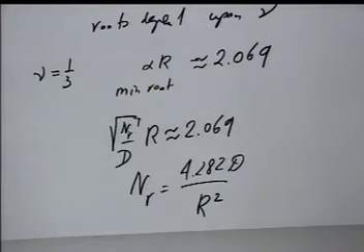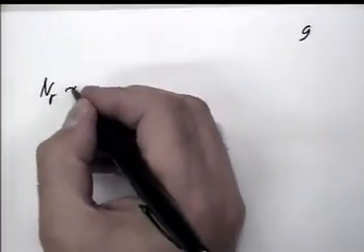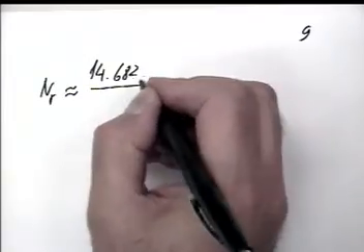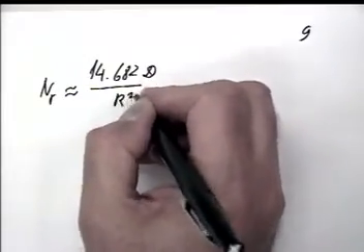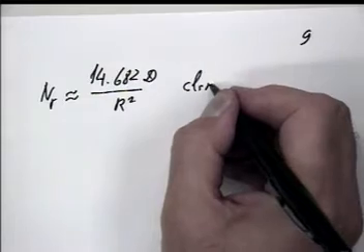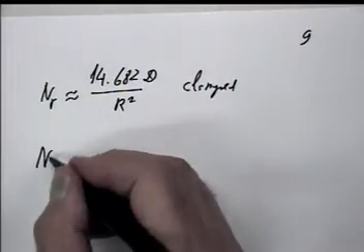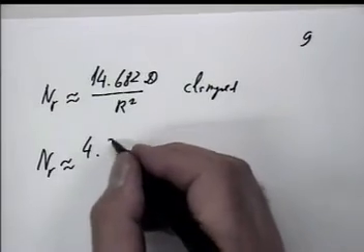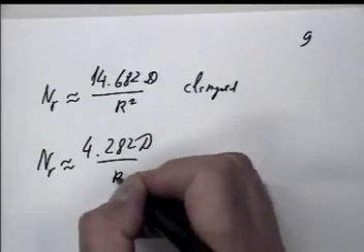Do you have a calculator, anyone? Okay. So what we got actually, NR equals 14.682 D over R squared. That is clamped. And NR equals approximately 4.282 D over R squared. That is simply supported.